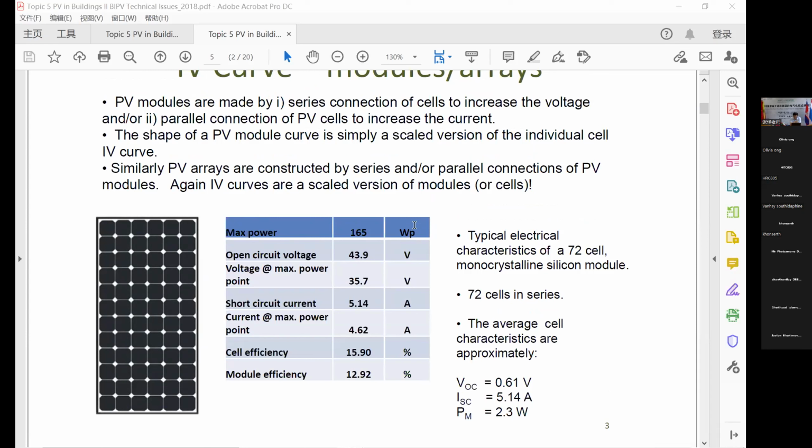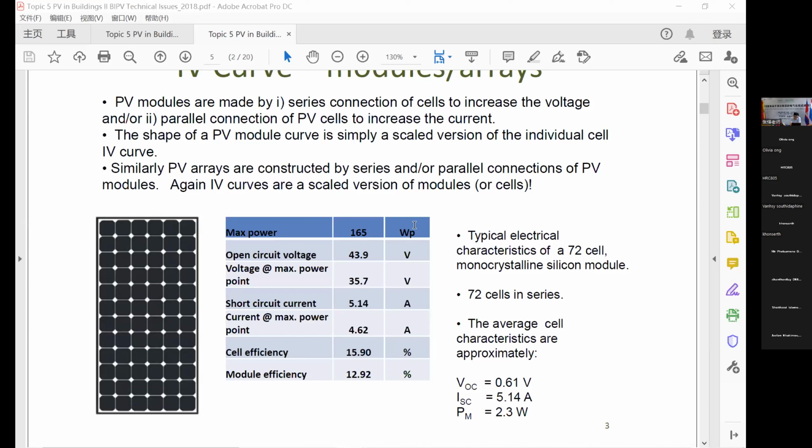Because in most operational conditions, it will generate 160 watt, and in other conditions it will generate 155 or 158 watt, sometimes even lower. So there is a tolerance.